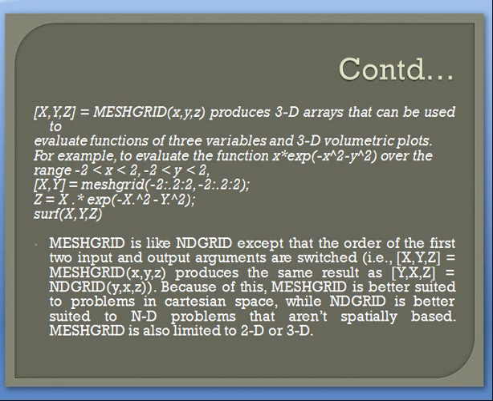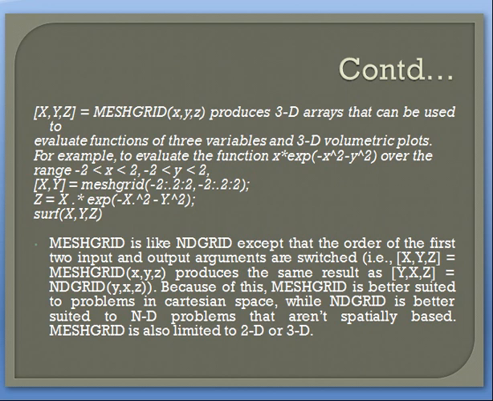For example, to evaluate the function x times exponential of (-x square minus y square) over the range where x ranges from -2 to 2 and y also from -2 to 2, here is the function that we use: [x, y] = meshgrid, in the bracket we give the range, z = x times exponential of (-x square minus y square), and surf(x, y, z). This we can use in the MATLAB command window.